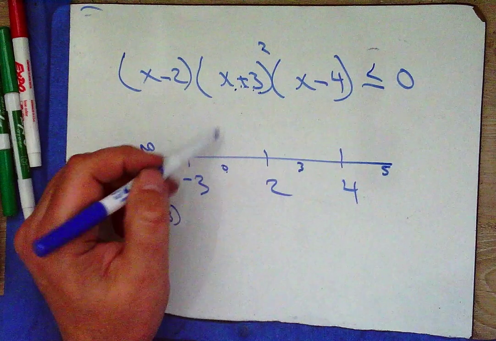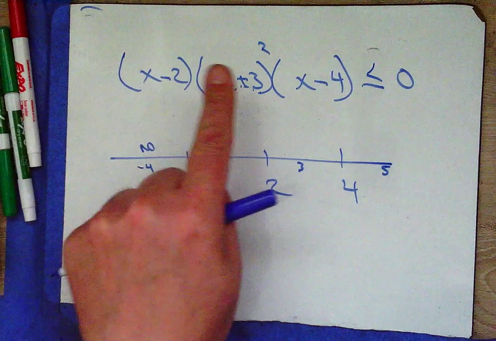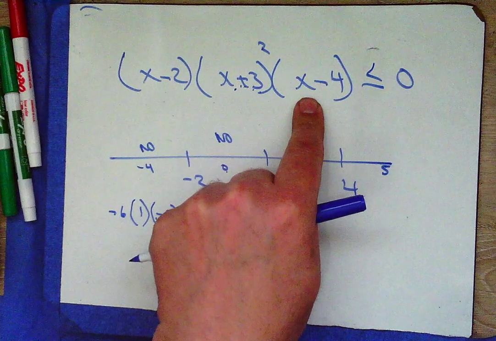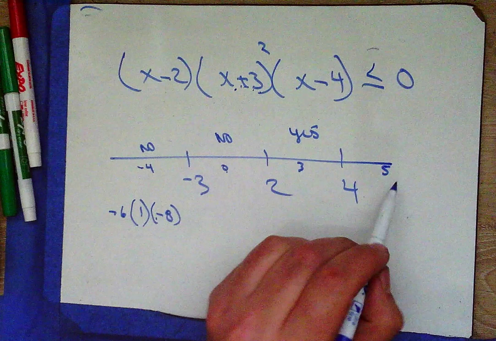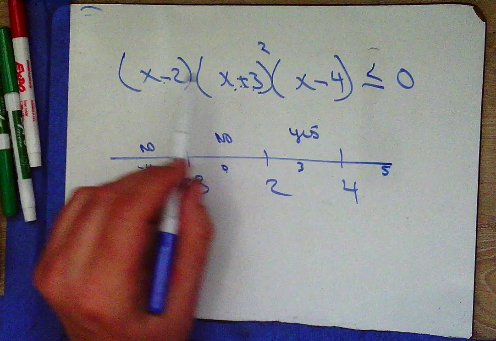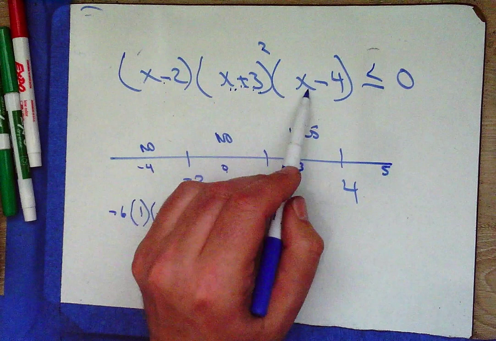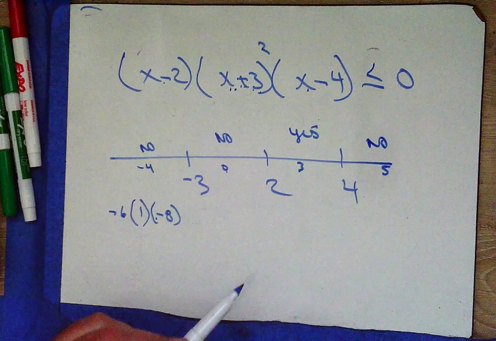That's not less than 0. And if I plug in a 3, I have 1 times 9 is 9, times negative 1 is negative. So this one is a yes. And if I plug in a 5, I get 3 times 64, that's positive, times 1, that's still positive, so that's a no.